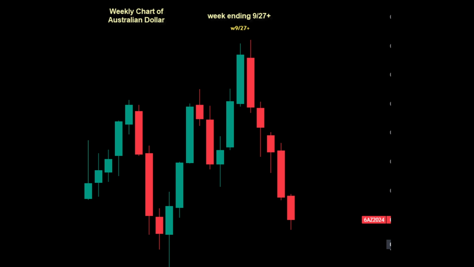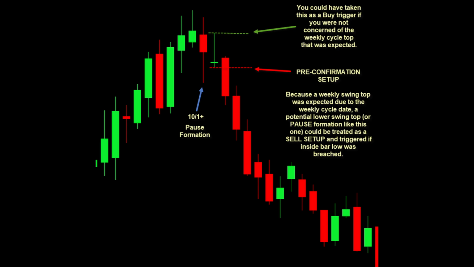And in this case, because we had that potential swing top weekly bar on the daily chart we were just looking at, there was indeed an F date for that first lower potential swing top for a sell setup.